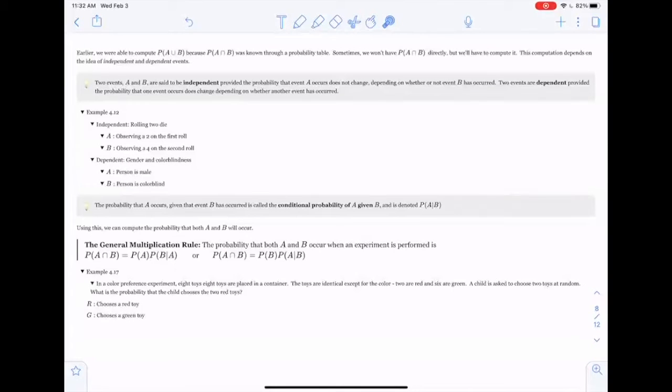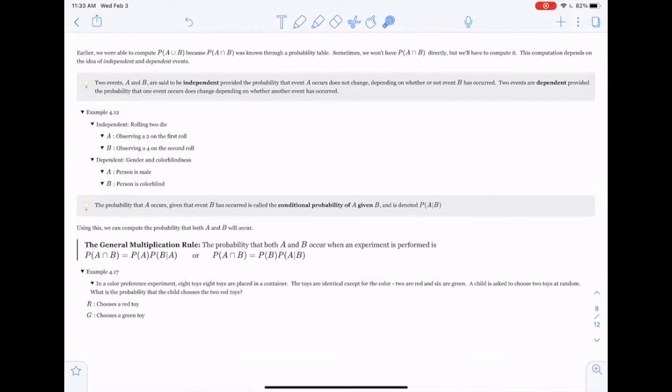So earlier, we were able to compute the probability of the union and the intersection of two events because we had a probability table. Sometimes we won't have all of that complete information, and we won't know the probability of the intersection of two events directly, and we'll have to compute it.